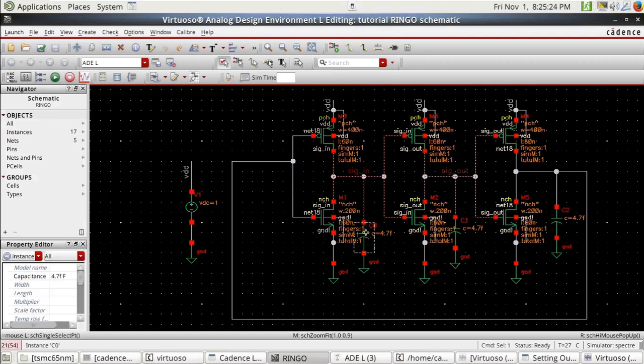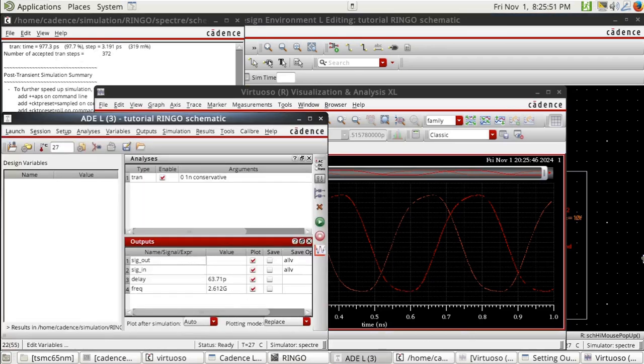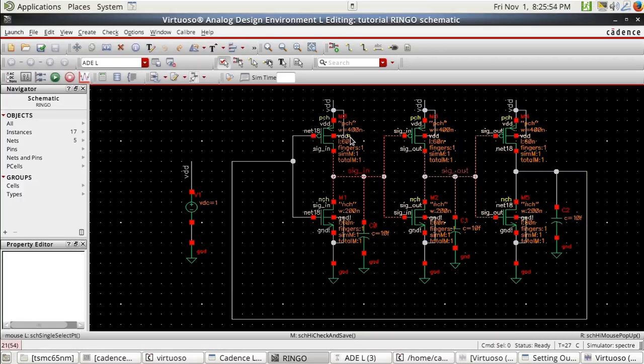So let's have here 10 femto, which is 10 times the parasitic capacitance. We knew before that the frequency is 2.6 giga, right? Let's double check. Yes, it is 2.6 giga. If we double the width of this inverter, the frequency will double too.